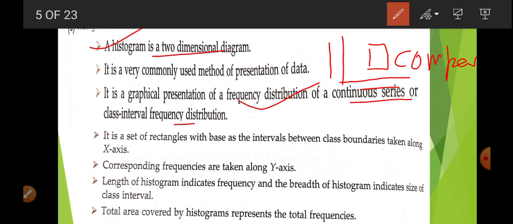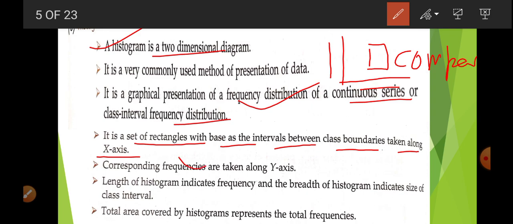Now, it is a set of rectangles with base as the interval between class boundaries taken along the x-axis. On the OX axis we are going to represent the value of x, and frequency we are going to represent on the OY axis.